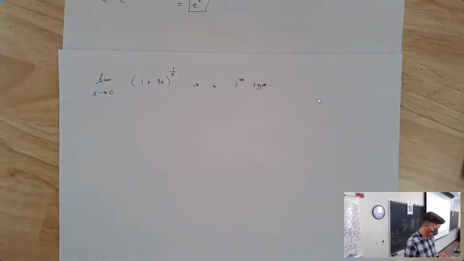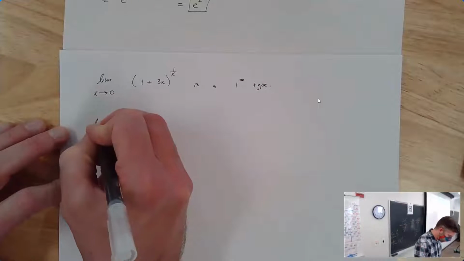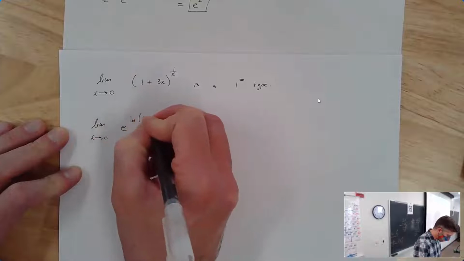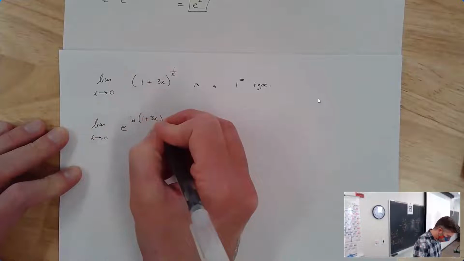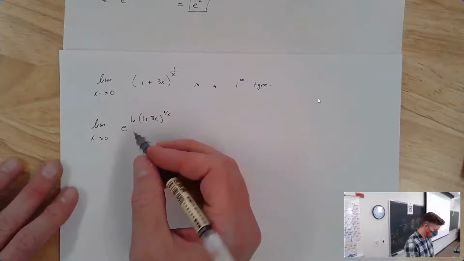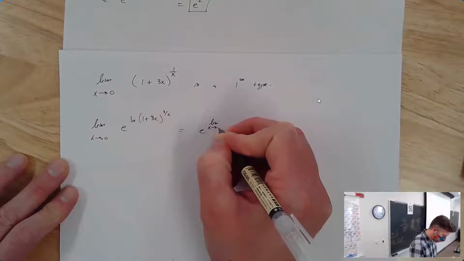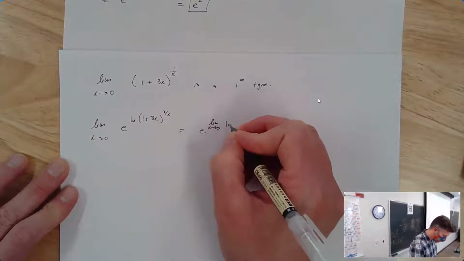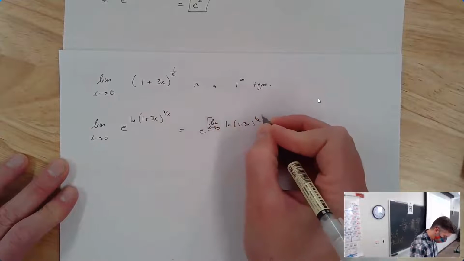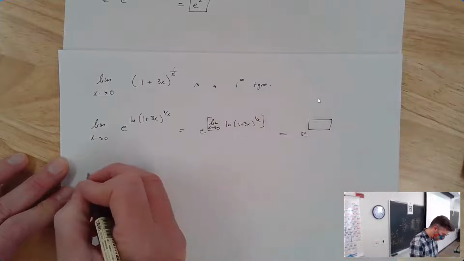And what I would suggest, so instead of doing, well, I'm still actually going to write, I'm going to find the limit as x goes to 0 of e to the natural log of 1 plus 3x to the 1 over x. But then what I'm going to do is I'm actually just going to do that limit by itself. Meaning I'm going to do this part down here.